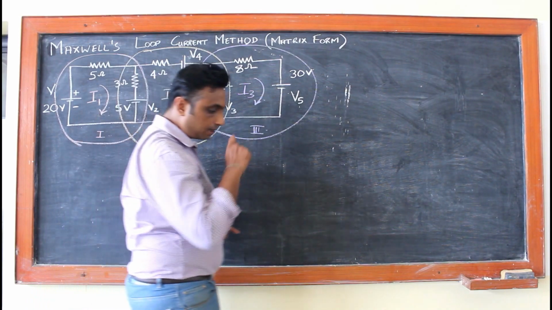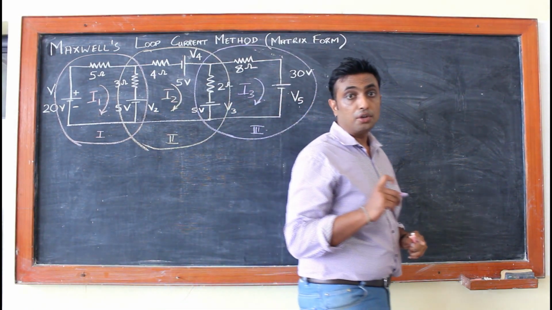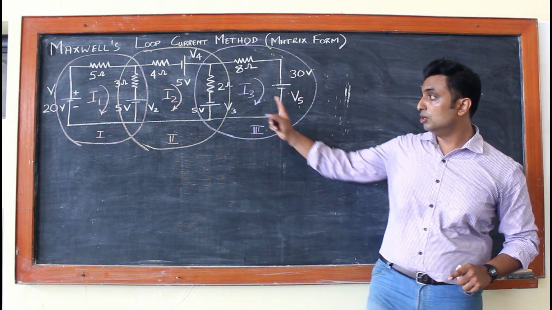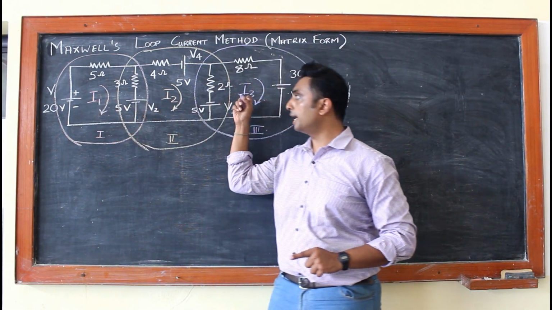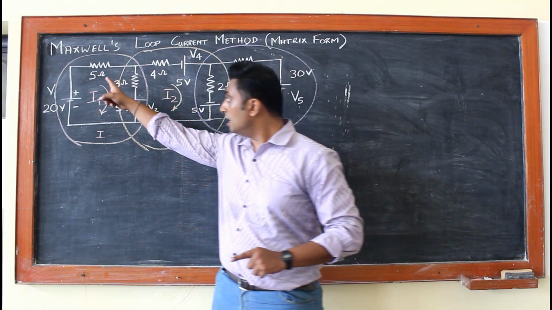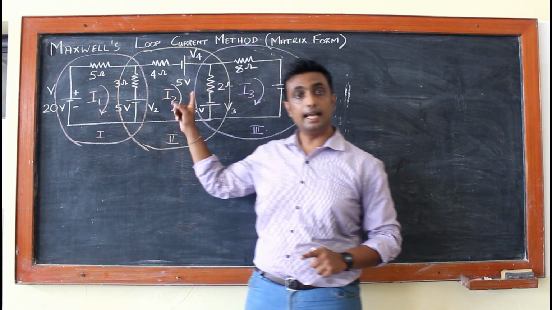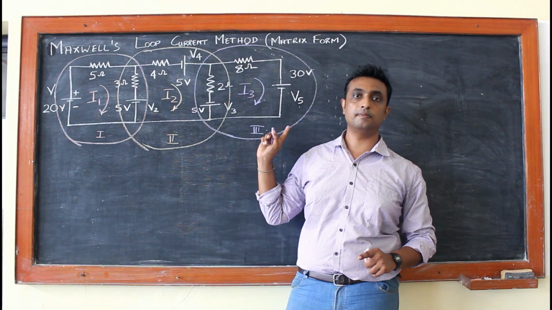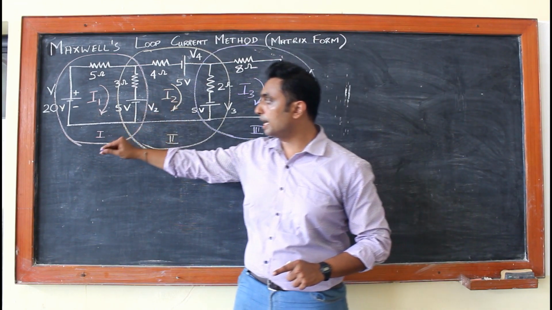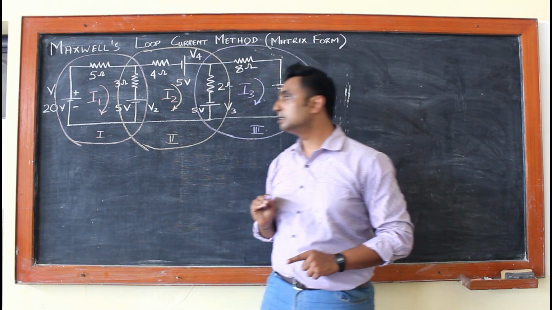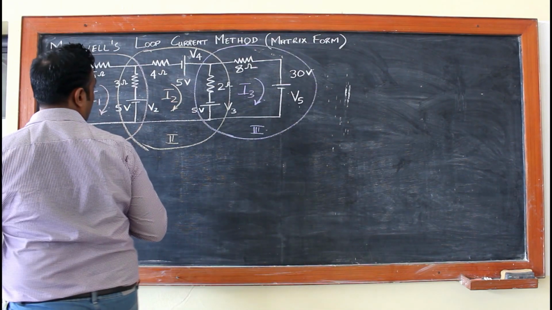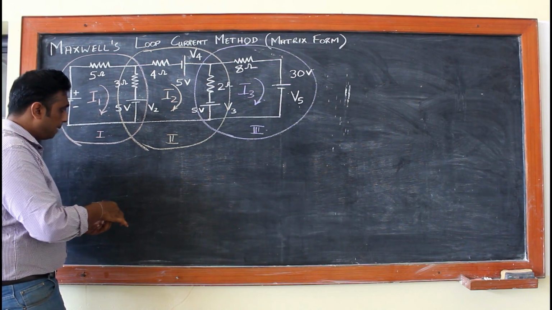To use this shortcut method, you have to draw your loops, label your currents I1, I2, I3, and then assume all the currents in the clockwise direction. Only then can you do this shortcut method effectively and speedily. So, coming back.